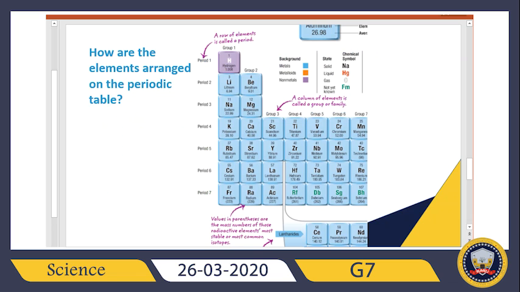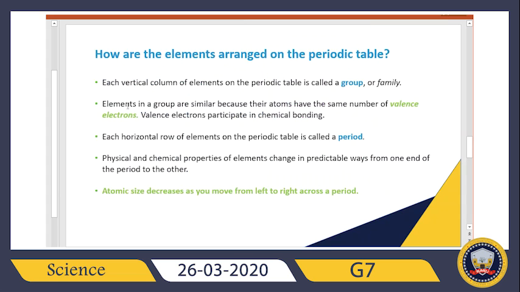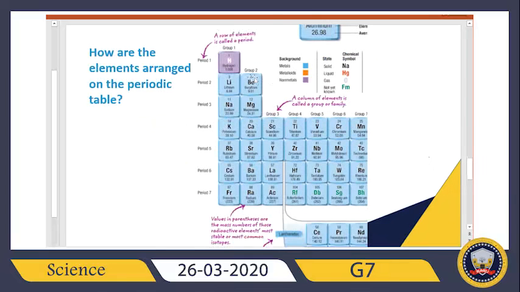Each vertical column represents a group, and elements in a group are similar because their atoms have the same number of valence electrons. This is important for chemical bonding. We use these valence electrons in chemical bonding, and we will learn more about this later.